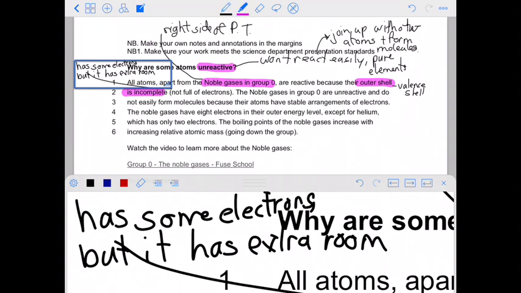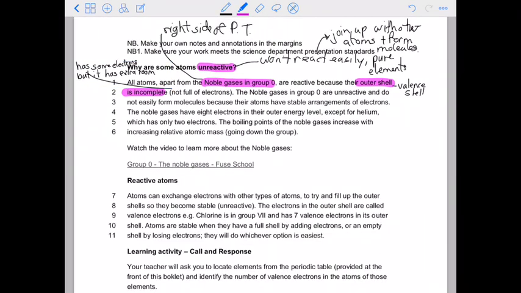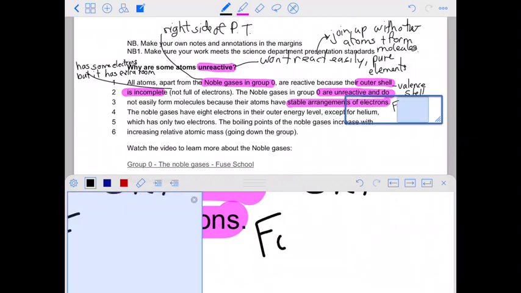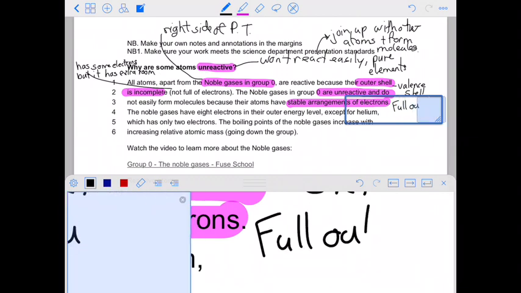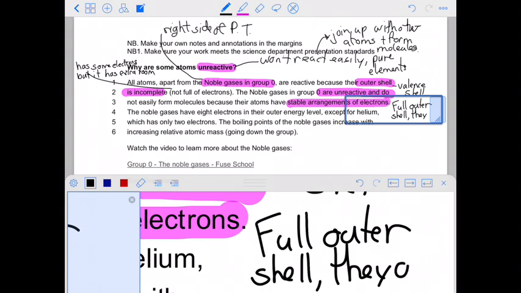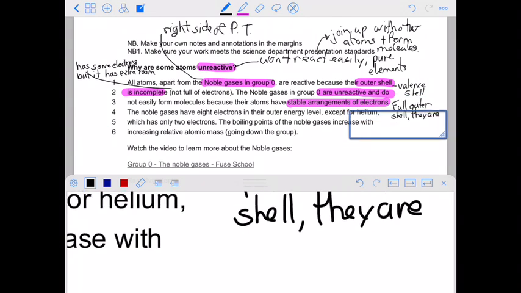The noble gases in group 0 are unreactive and do not easily form molecules because they have stable arrangements of electrons. So they have a full outer shell. So when atoms have a full outer shell, they are stable.